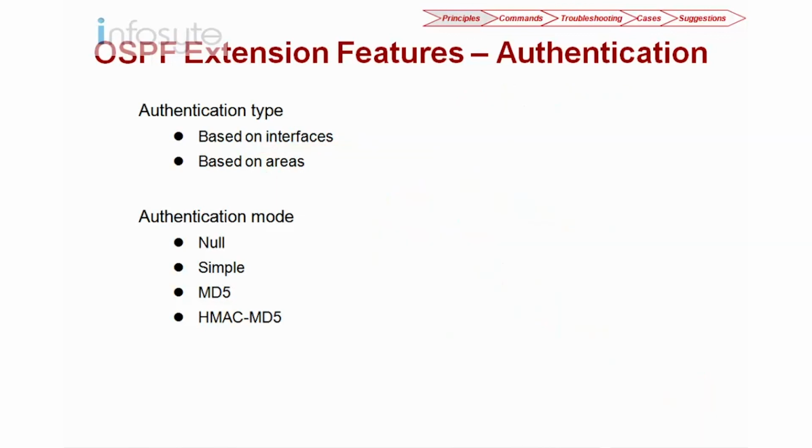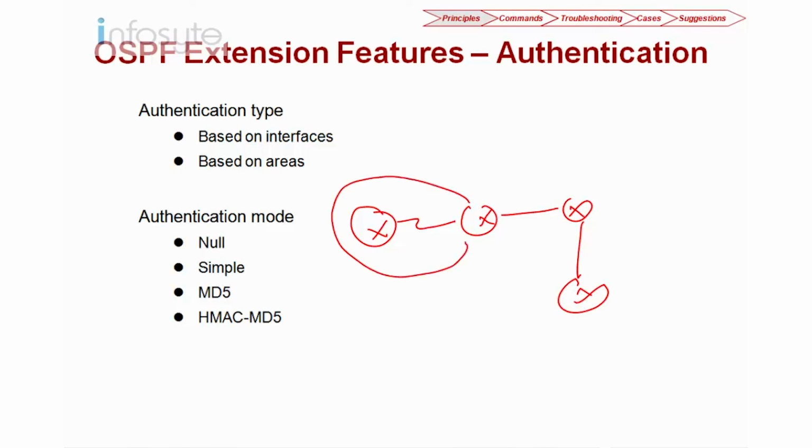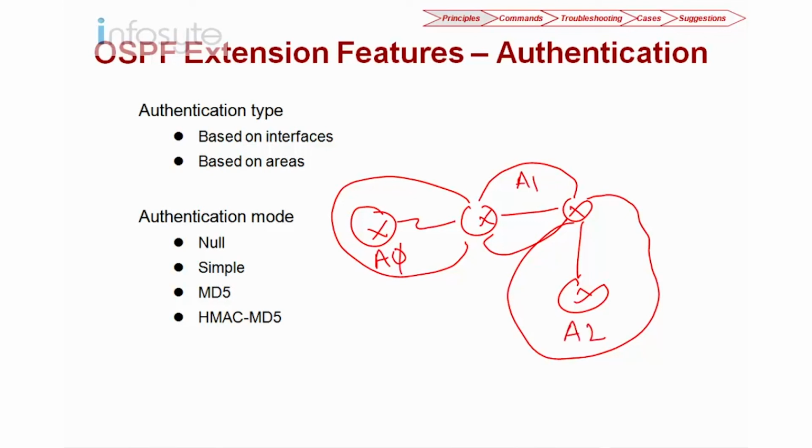So let's say right now I have this situation. I have 4 routers. I have area 0, area 1, and also area 2.